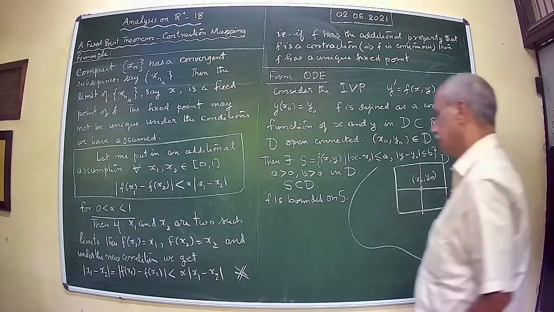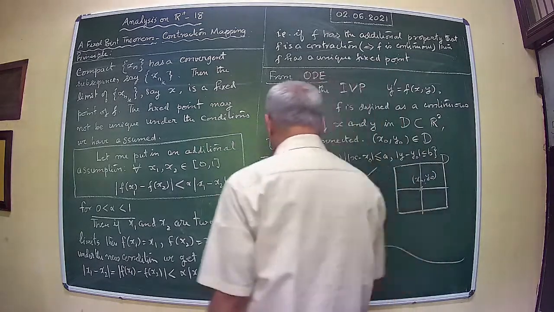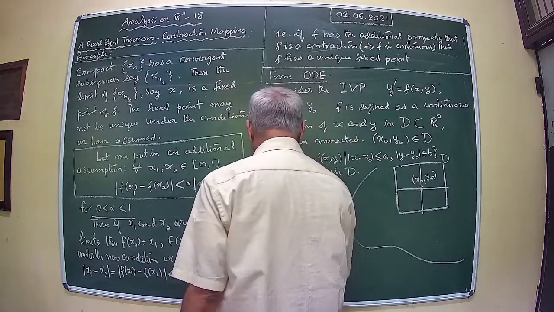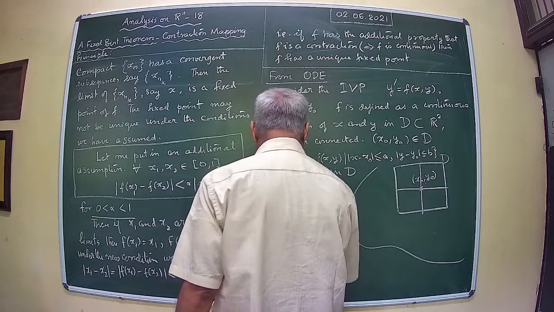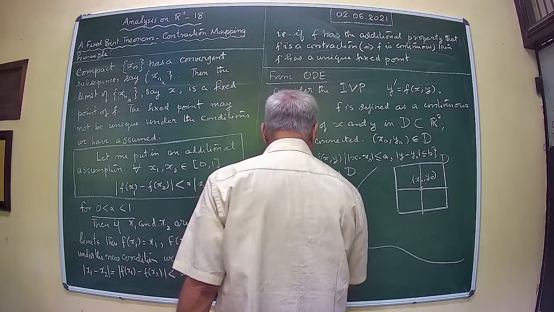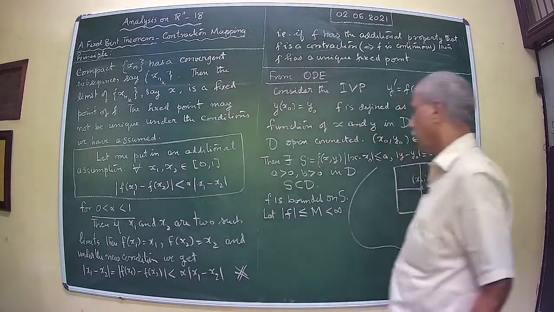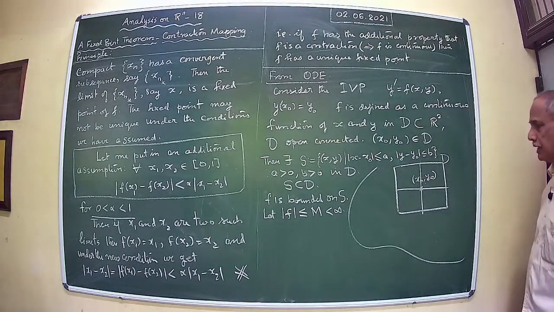Okay. F is bounded on S. Let M be the bound for F on S.